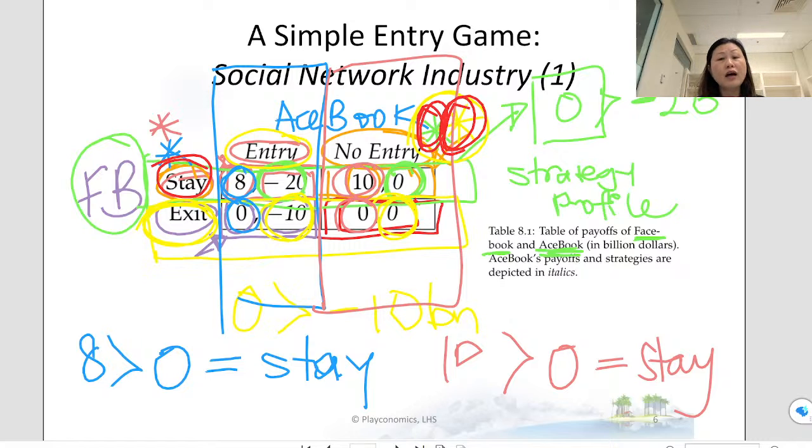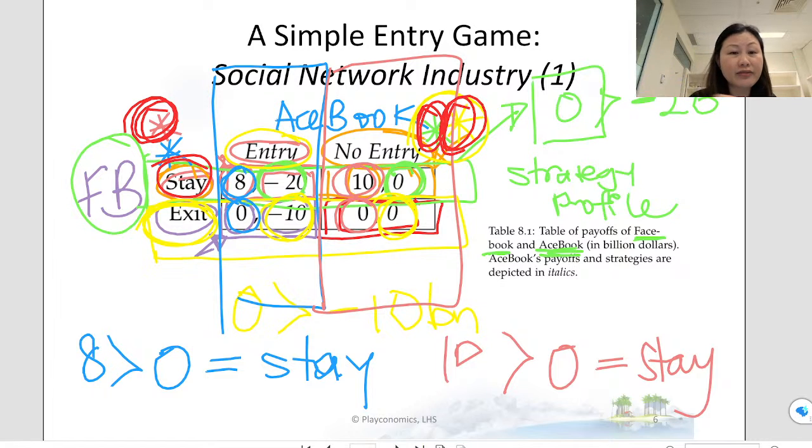On the contrary, we look at Facebook entry into the market. When Facebook enters the market, Facebook staying will make Facebook $8 billion, but Facebook exiting will make them 0, and therefore we are going to stay. If Facebook does not enter the market, Facebook staying will make them 10 billion, and Facebook exiting will make them 0 billion.